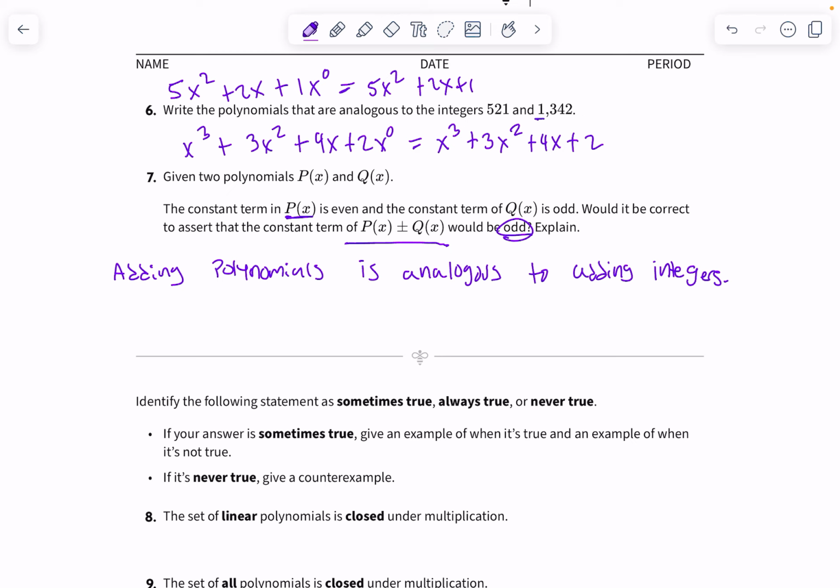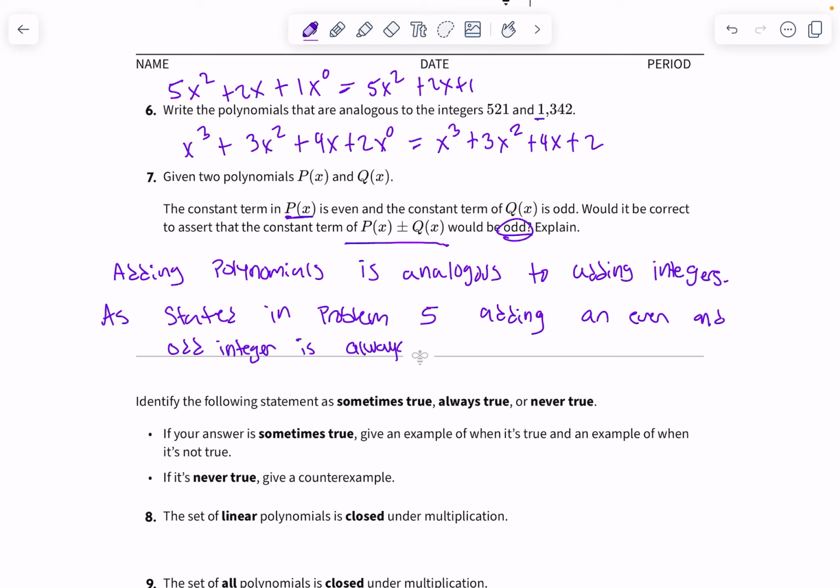As stated in problem 5, adding an even and odd integer is always odd. So then here, p of x plus and minus q of x would be odd.